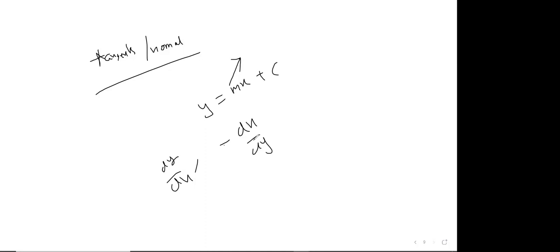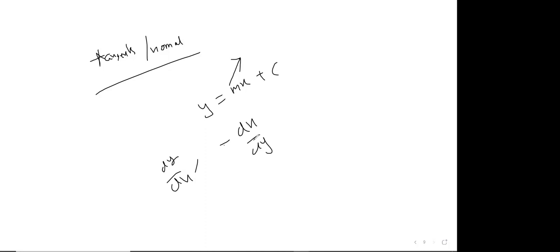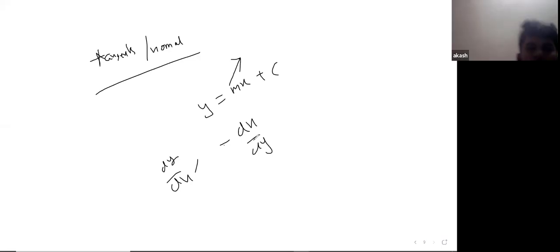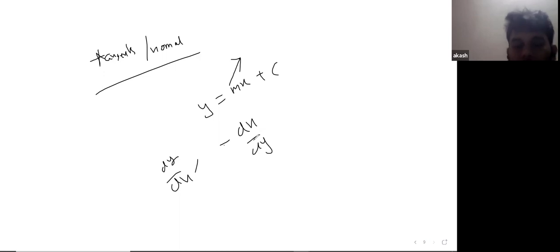And the slope of the normal is minus dx upon dy, just reverse and negative, right? It is differentiation here as well. Nothing new. We read the differentiation chapter because we are going to use that in mathematics.